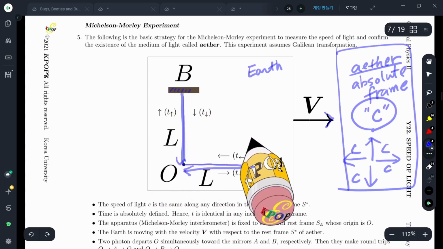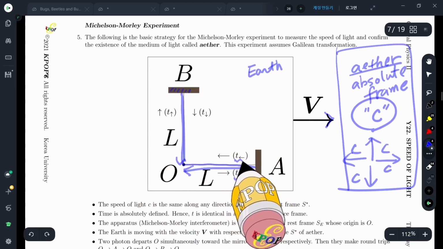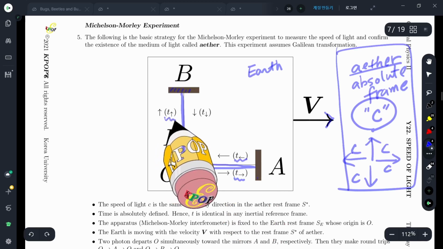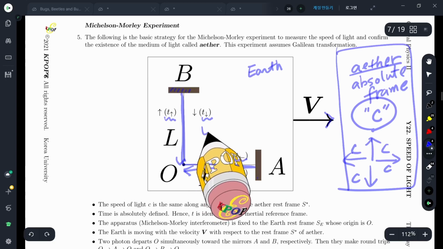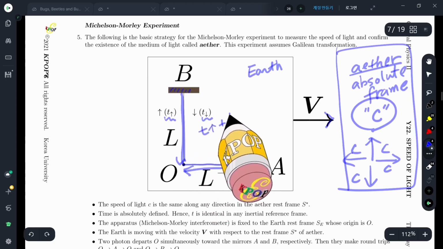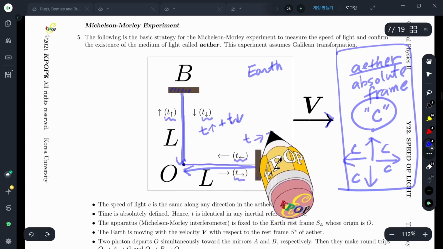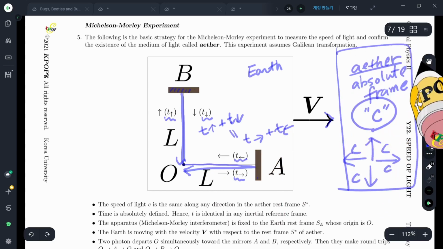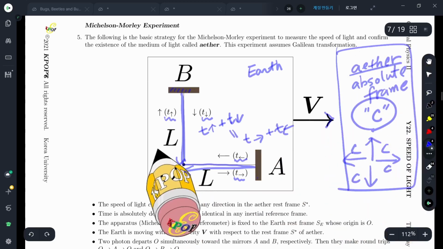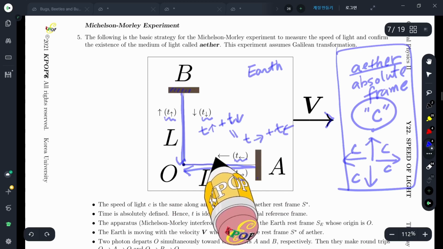So we say to the right, to the left, upward and downward. It would take time up and time down, and time to the right and to the left. This should be the same if we measure the speed of light in the frame where ether is at rest.